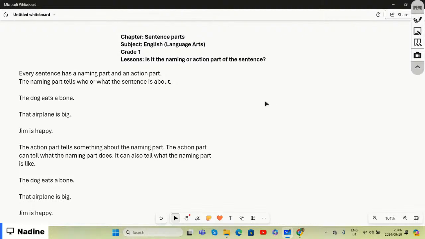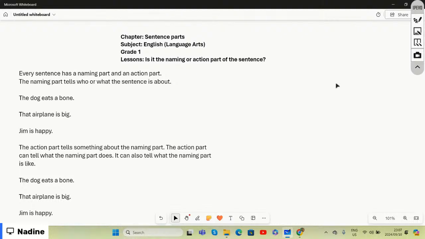All right. So when it comes to our different sentence parts, then with our sentence parts, we have a naming part and we have an action part. The naming part tells us who or what the sentence is about, and that is the noun.